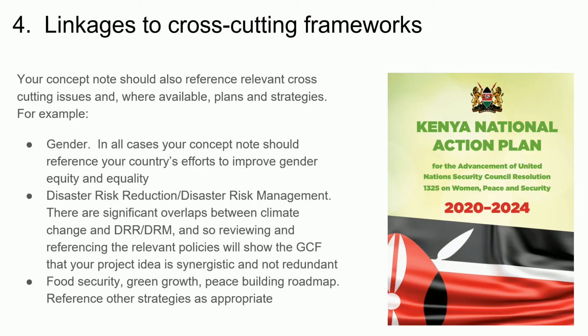So it's working to advance those policies and priorities that have already been identified. Food security, sometimes there's a food security policy. Sometimes there's a green growth strategy or a green growth plan. Peace building roadmaps, especially in post-conflict situations, you may find those. So reference all of these things as appropriate.